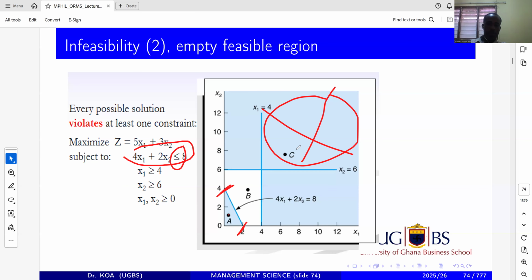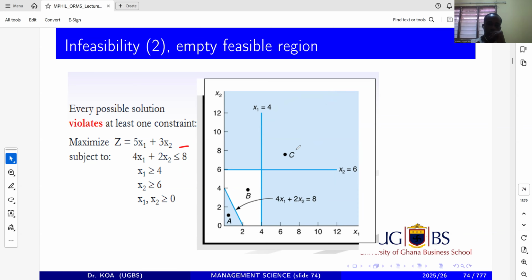And that 28 is supposed to be less than or equal to 8, isn't it? But as you can see, you have the 8 here, and this would have been 28. It's supposed to be less than. It violates the inequality. So straight away, you know that there is an infeasibility there. It can be tricky when we come to the subsequent ones we are going to talk about called redundancy. But I want you to know that even without drawing, you should detect it.